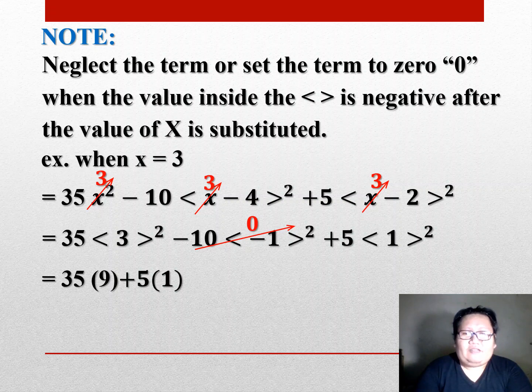The reason why we set the value to 0 whenever the value inside the pointed bracket is negative is because we assume from the first illustration that we have set the value of x as a function from the leftmost point of our beam to the rightmost point of the beam.